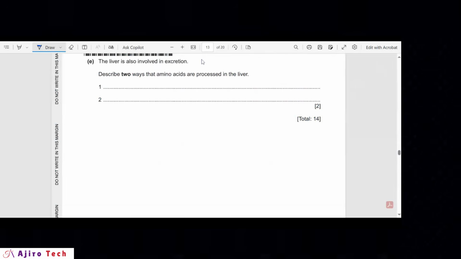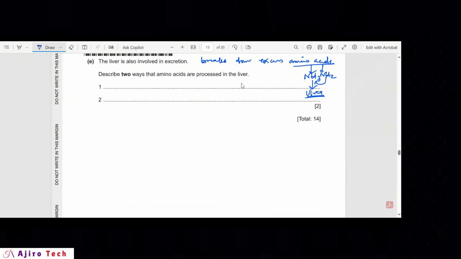The liver is also involved in excretion, where the liver breaks down excess amino acids because our body cannot store excess amino acids. So the liver breaks it down into ammonia and then converts it into urea. The first thing is it removes the amino group from the amino acid, converts it to ammonia, then forms urea.